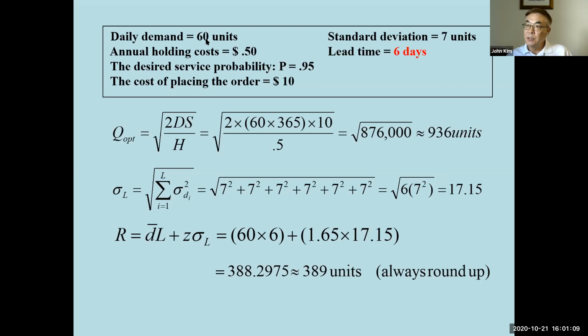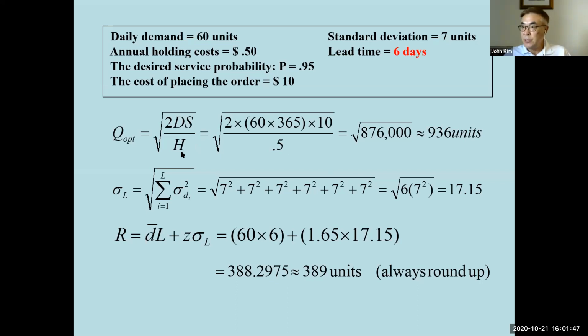Daily demand 60 times 365, because this example doesn't give any number of days per year. And $10, which is the ordering cost, and divided by 0.5 holding cost. So it's approximately 936 units.